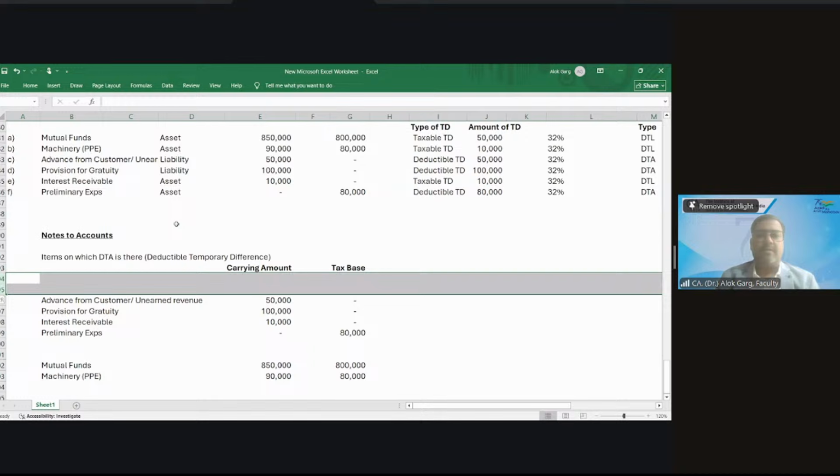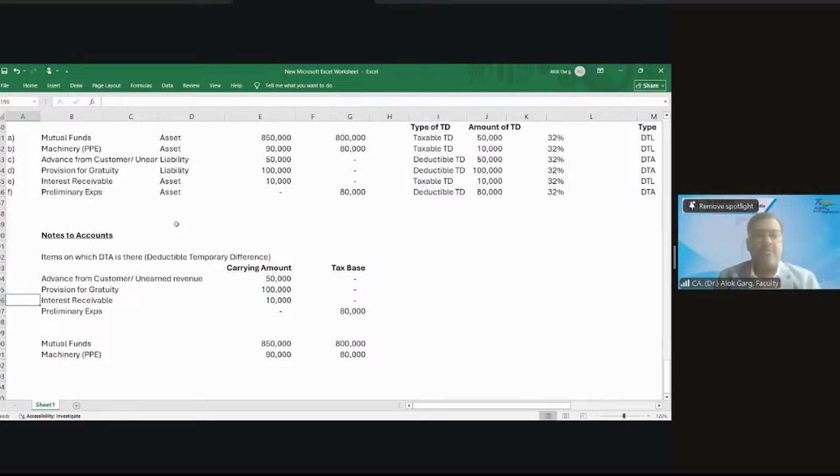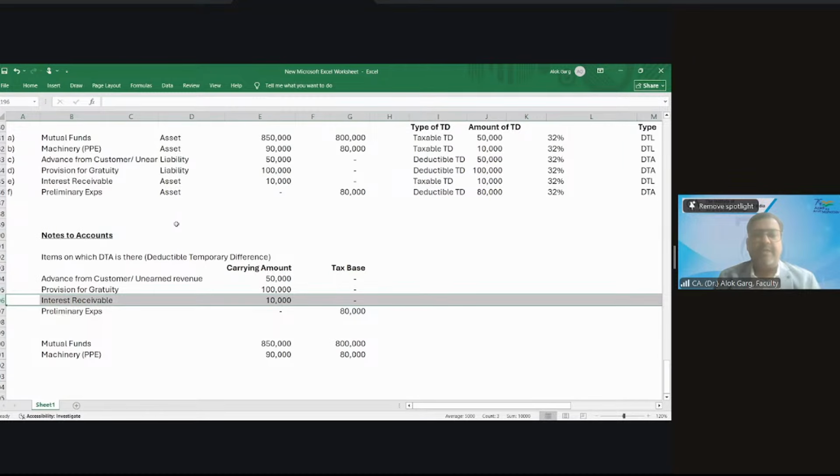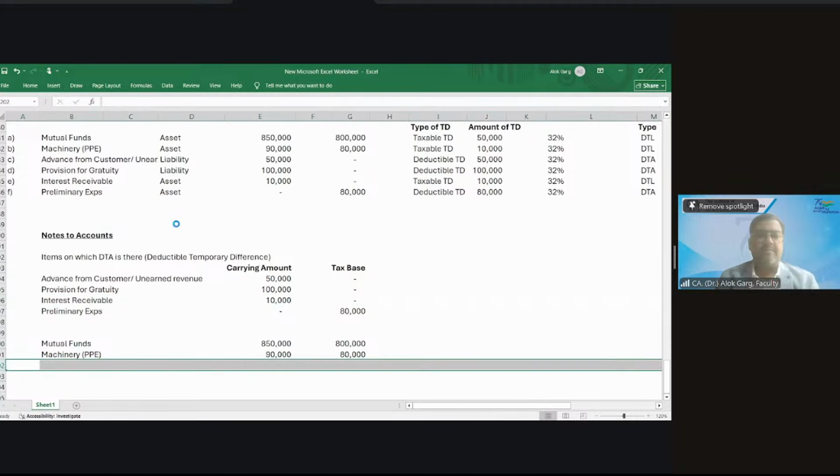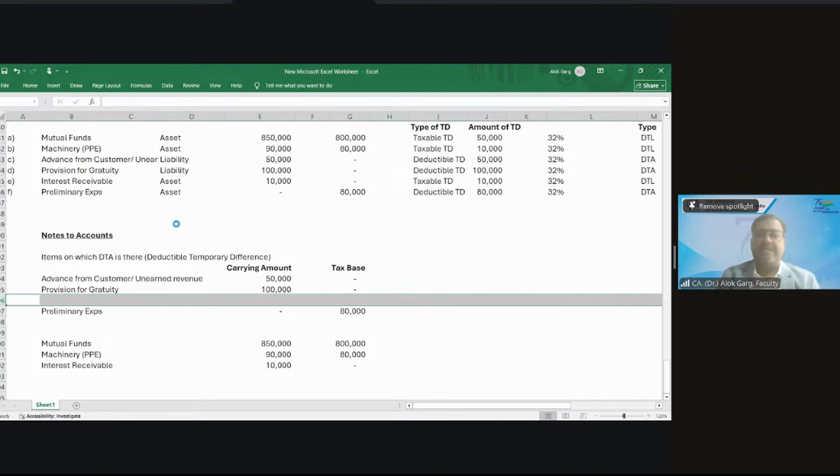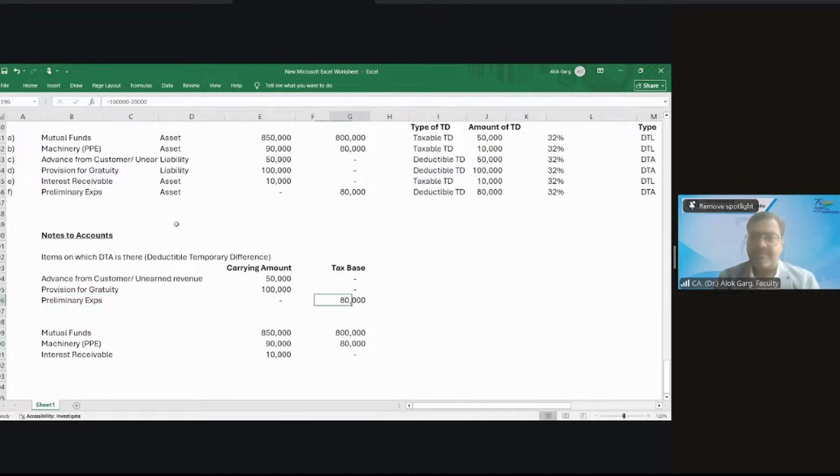And on preliminary expenses, DTA is there, right? So on these items DTA is there, correct? There are three items.